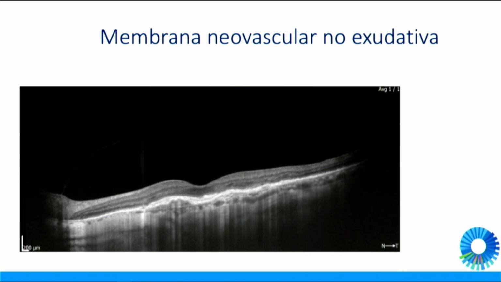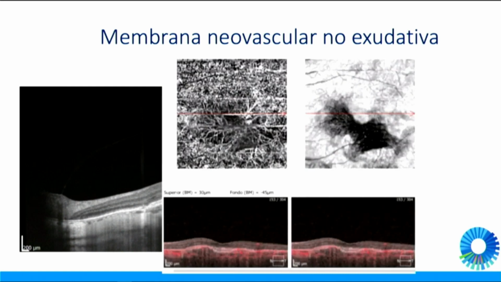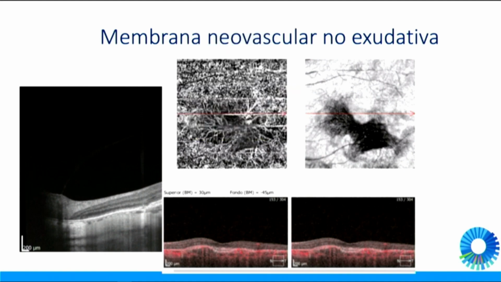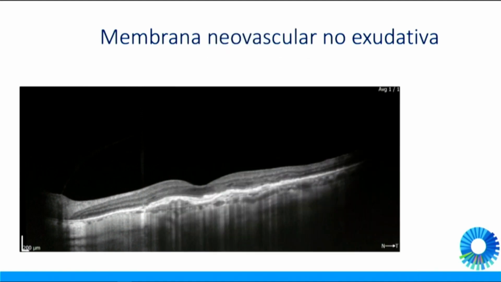We have the non-exudative neovascular membranes. These are known as flat, irregular epithelial detachments. These are flat and irregular, and if we administer an angio-OCT, we see these neovascular membranes, and whenever we measure and quantify it, it stands out.